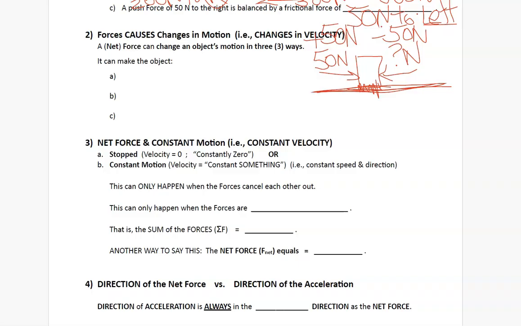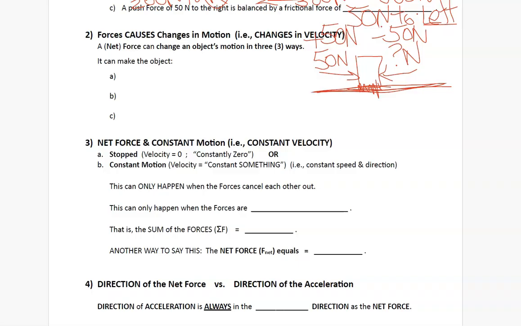What this means is it can change its velocity in 3 ways, or it can cause acceleration in 3 ways. So remember, velocity is both speed and direction, so it can change the velocity in one of 3 ways.